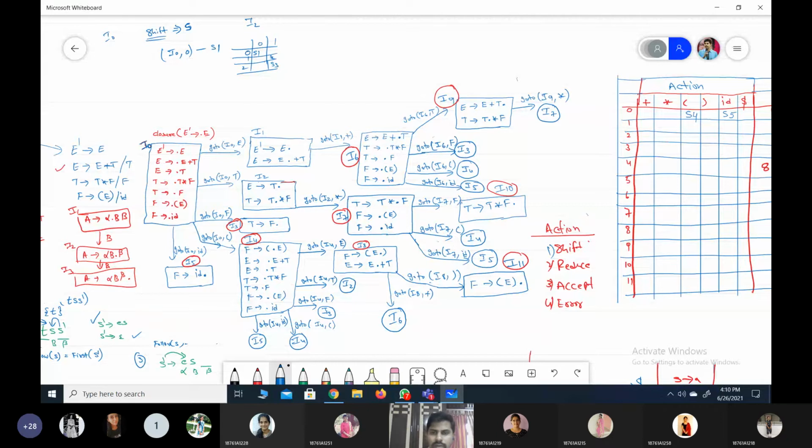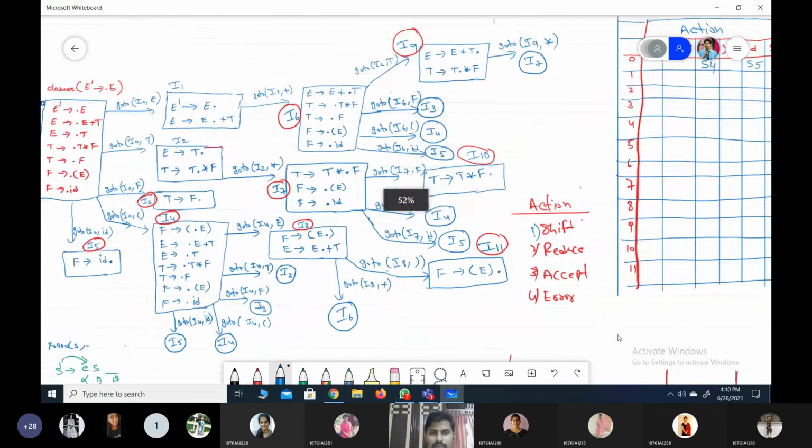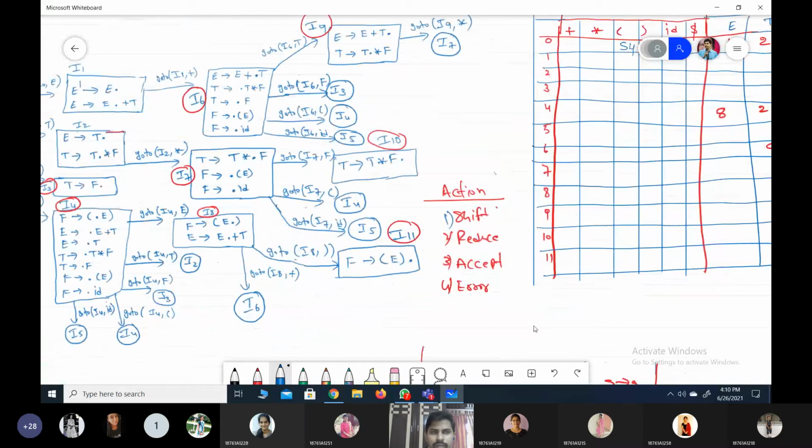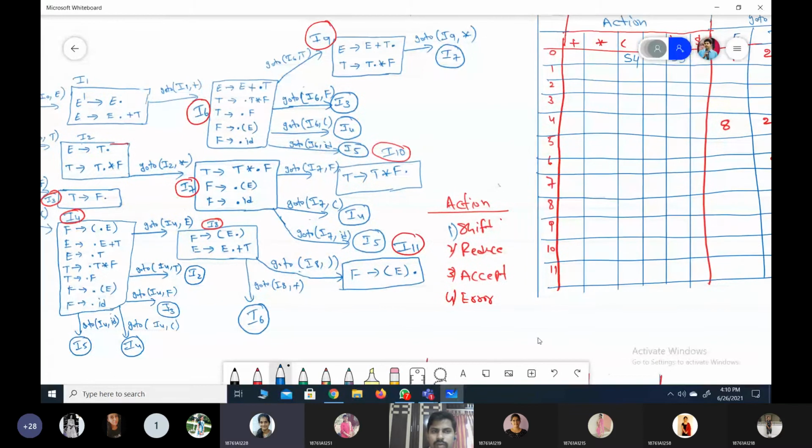Cross check with I1. On the I1 state, are there any terminals that we have applied? Yes, plus. So 1 on plus, what is the entry that we have? S6. 1 on plus, S6. 2 on star, shift 7, that is nothing but S7. 3, we don't have terminals; we didn't apply any on I3.